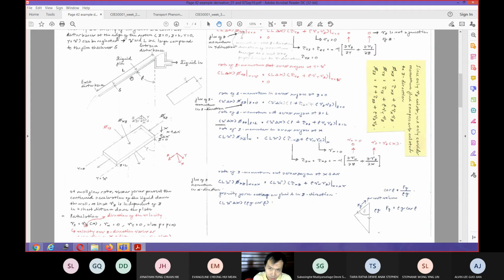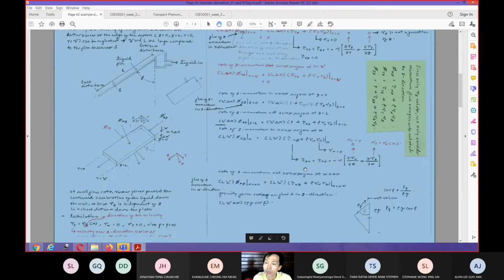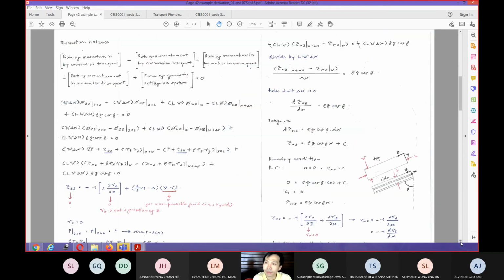If we are using the boundary condition that we will use later on for our velocity, then we have to use the condition where the velocity is 0. At the top in here, we can use the condition where the shear stress of the liquid will be 0, because we have discussed that the viscosity of the gas is negligible compared to the viscosity of the liquid, right? That is what we discussed before already.